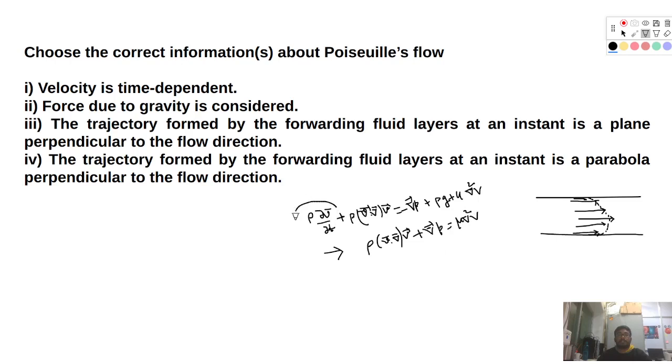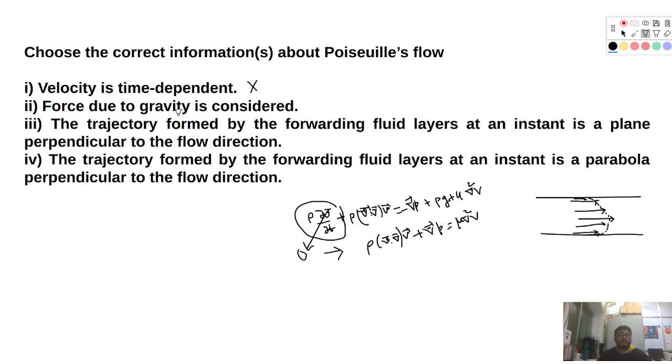So this term is cancelled out, this is going to be 0. This term is cancelled out means this del V del T has to be 0. Now if this is 0, then velocity cannot be time dependent, correct? So this is not a correct option.